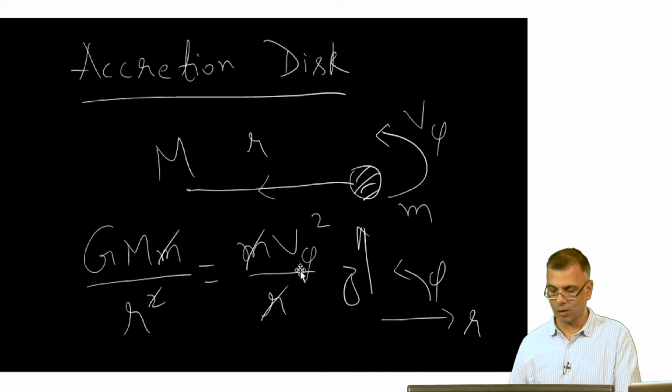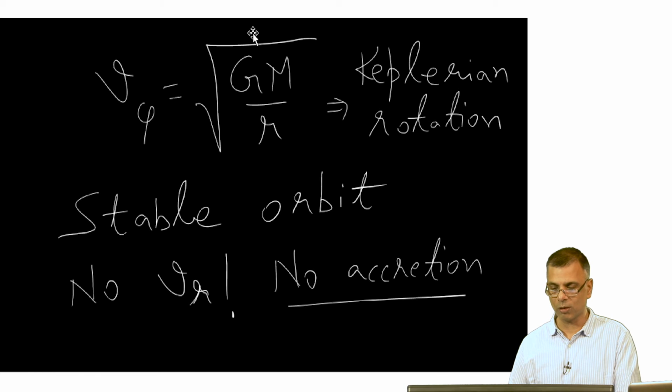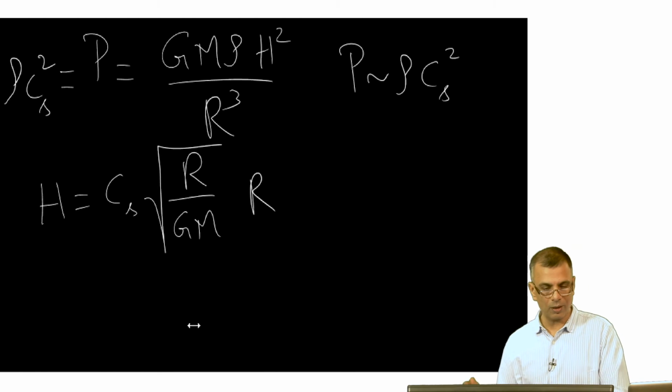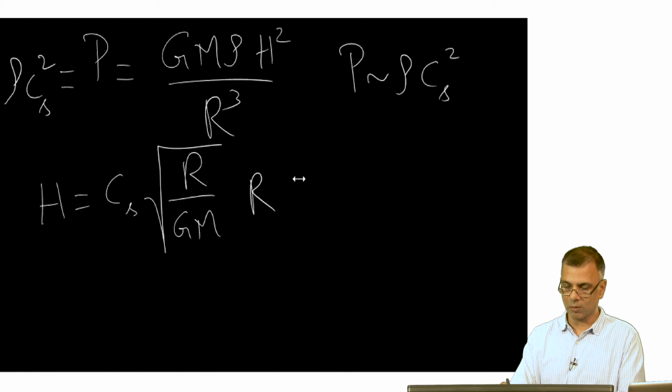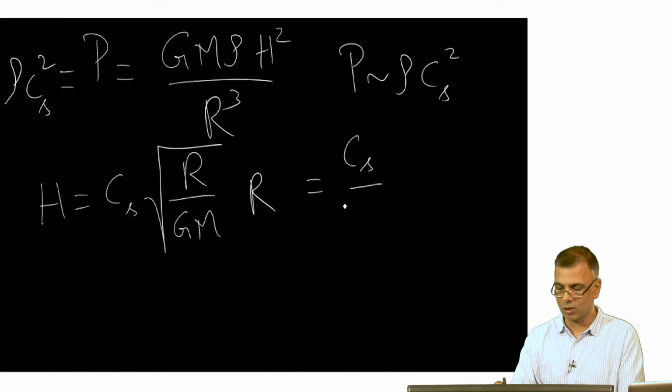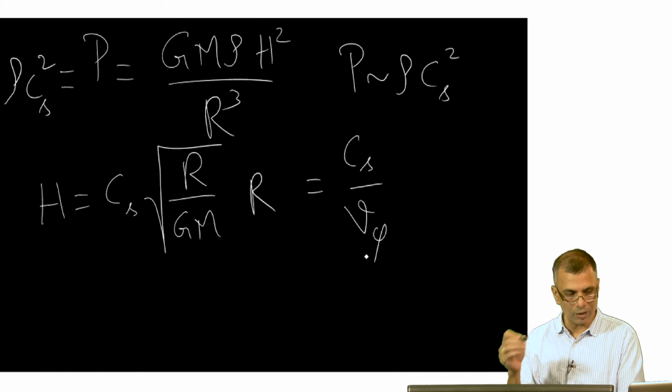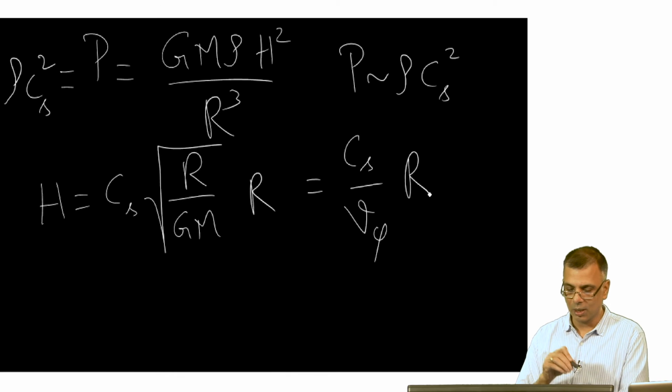We've seen this before. V phi, right? So V phi is equal to square root of GM over r. So using that here, what we find is that this is essentially equal to Cs times V phi, where V phi is the Keplerian velocity, times r.